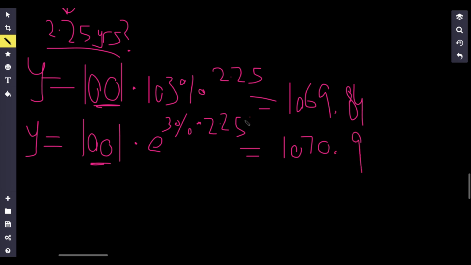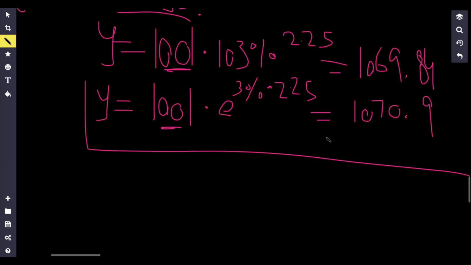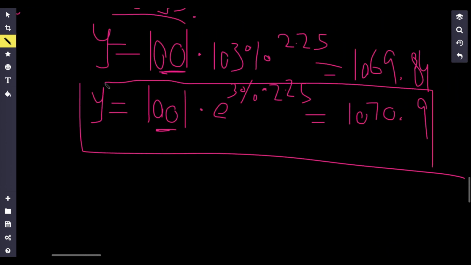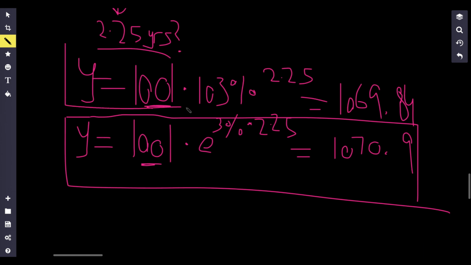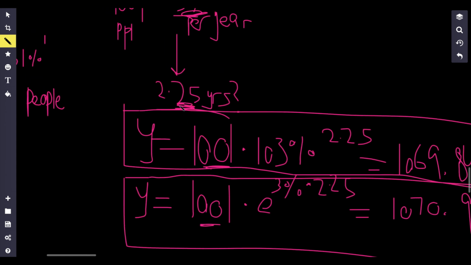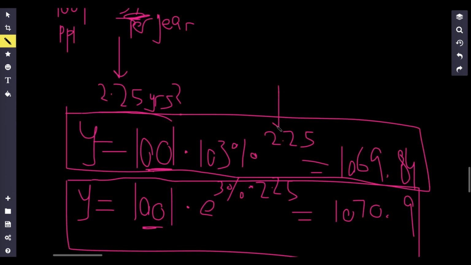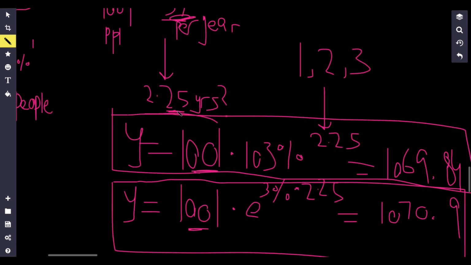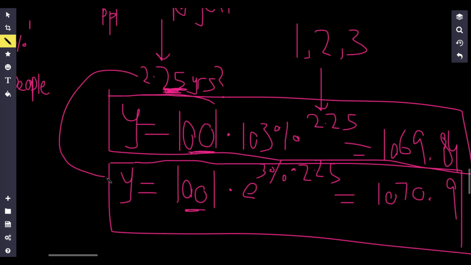So you notice how when you're using the second formula, the result is a bit bigger than what you have when you're doing the first kind of problem, at least when you're doing exponential growth. And this is because it accounts for those tiny changes, right? This equation, we said, was good for, let's say, 1 year or 2 years, 3 years. But when you get into those tiny changes, then this other equation gets more accurate.